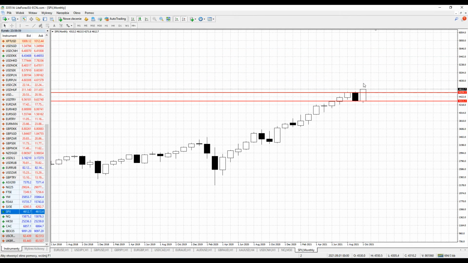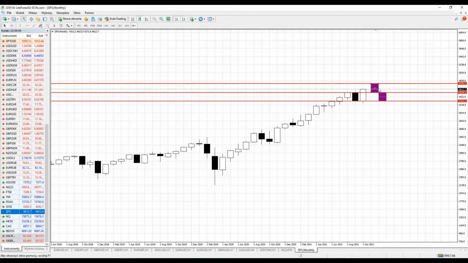We have two zones of possible demand, 4,530 and then again 4,330. Let's get back a little bit lower because the upside target is, well, easy. That's your possible upside target, right?